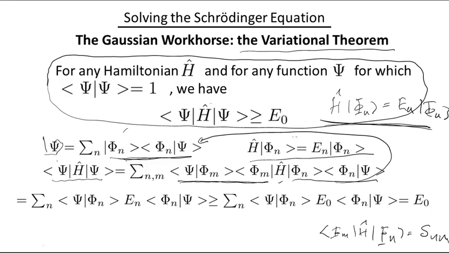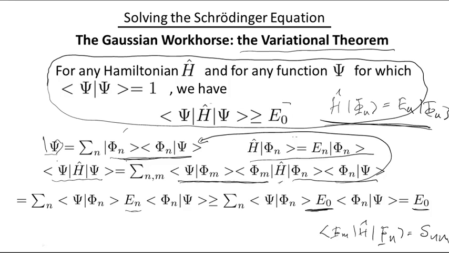And now this sum must be greater than or equal to the same sum where instead of taking the state-by-state energy, we take the common ground state energy, E naught, and then this sum is just E naught.